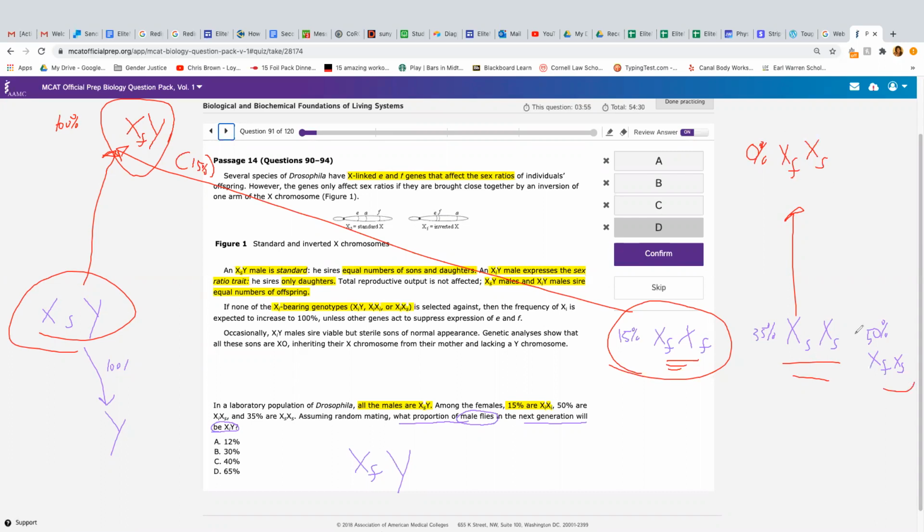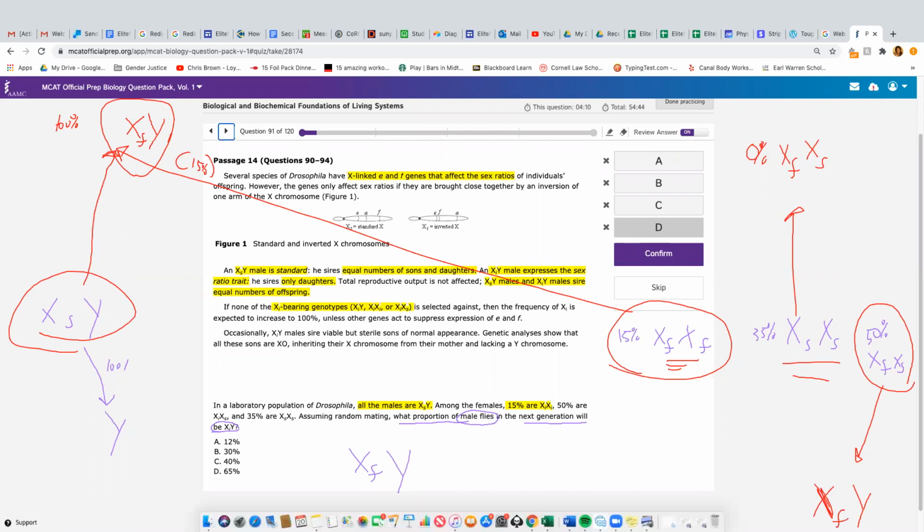All right, so that leaves us with this last one here. We know the offspring is going to get the Y from the male. The question is, what is the probability of this offspring getting an X that's mutated? Well, the mom has two X's. One of those is mutated, which means the offspring has a 50% chance of getting a mutant allele.